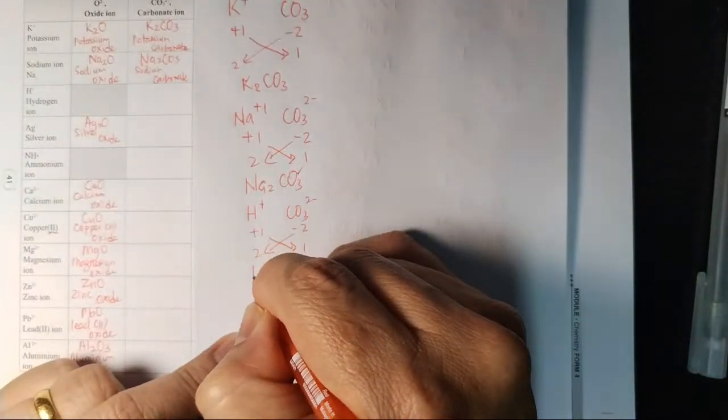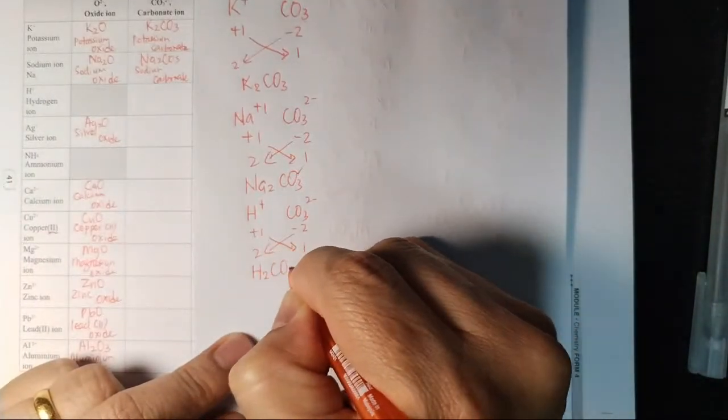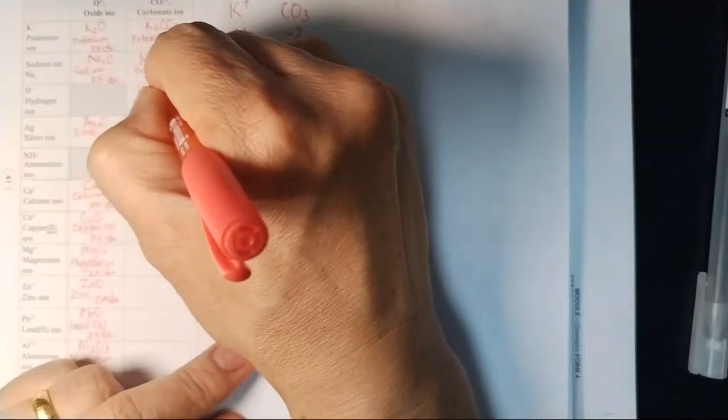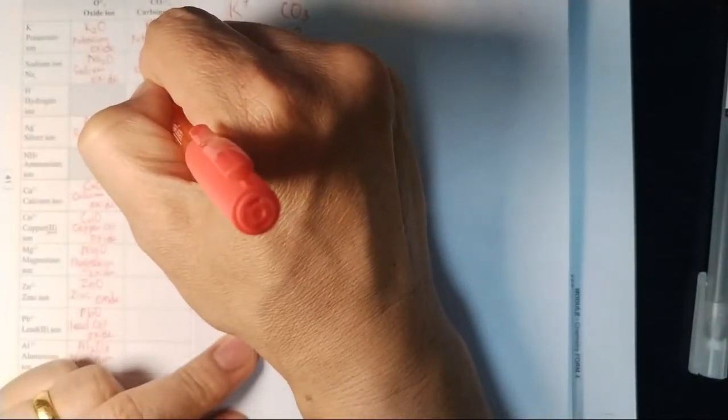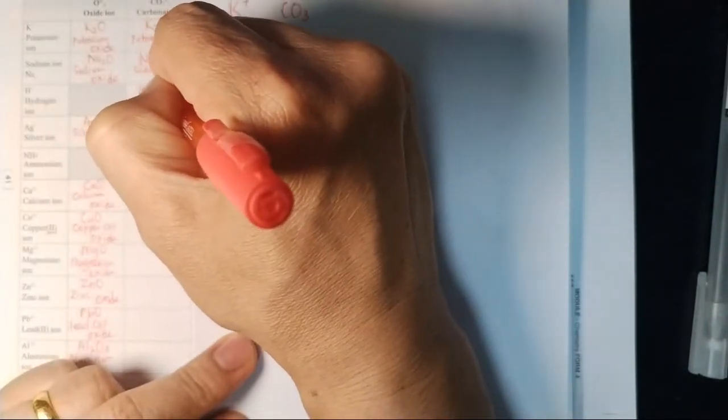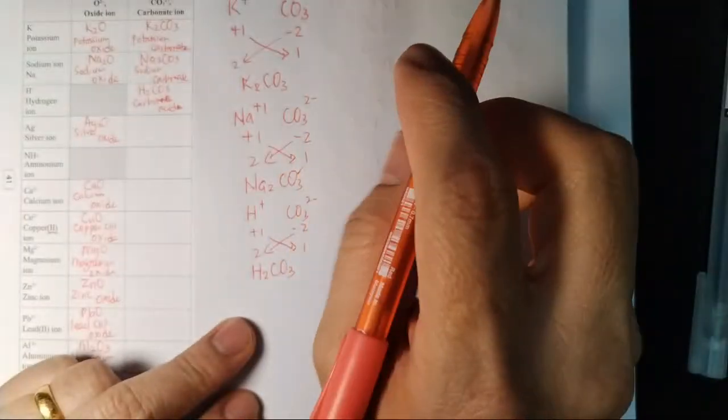So it becomes H2CO3. This one is a kind of acid. We don't call it hydrogen carbonate. We call it carbonic acid. Okay, carbonic acid.